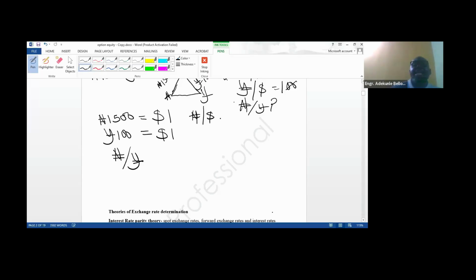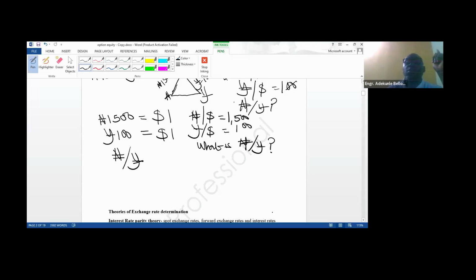Naira to dollar is equal to 1,500. Yen to dollar is equal to 100. What is naira to yen? How many naira do I require to buy one Japanese yen?